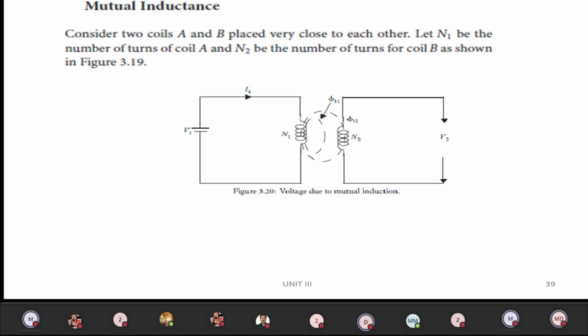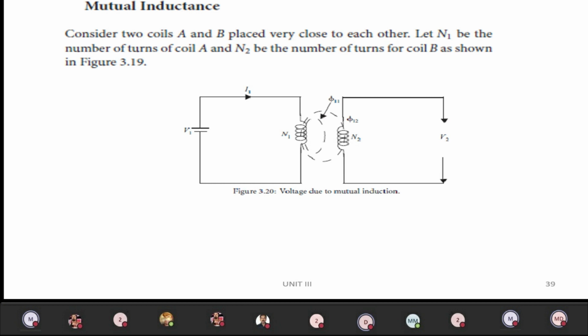That mutual induced flux enters the second coil and produces an EMF. That EMF is what we call the mutual induced EMF. So the property of the coil which opposes this mutual induced EMF is called mutual inductance.